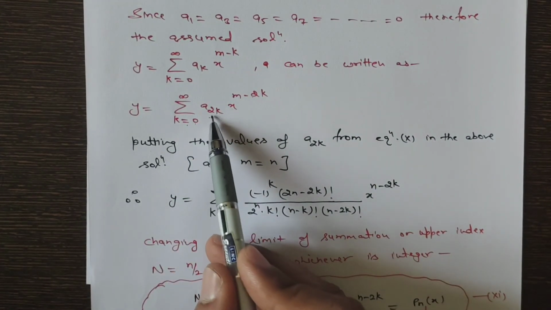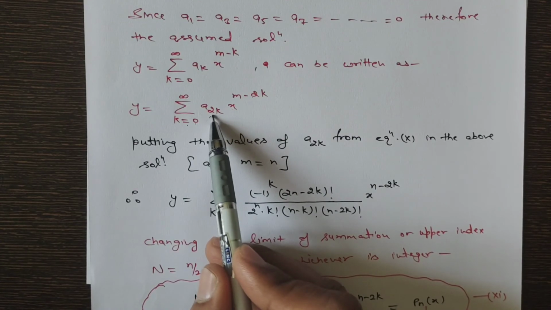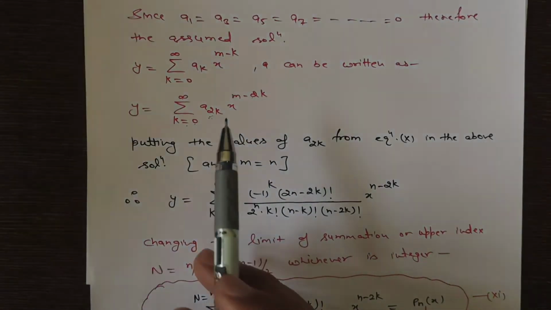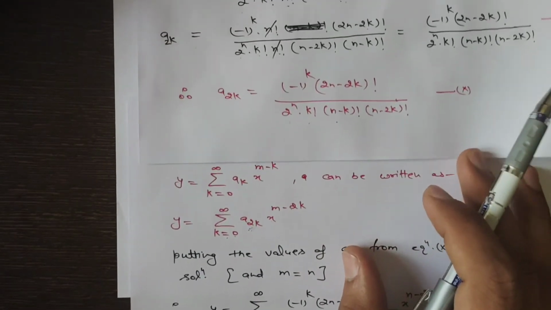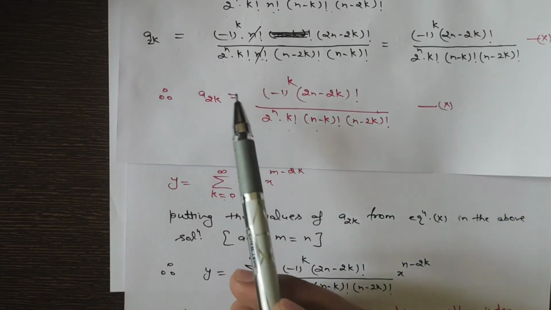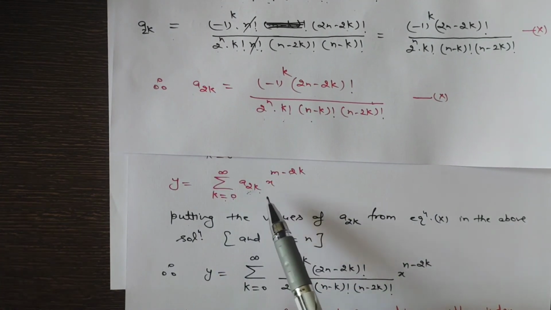And in the next step, we had assumed the value of a to k as this. So we will simply use this value of a to k in the assumed solution.